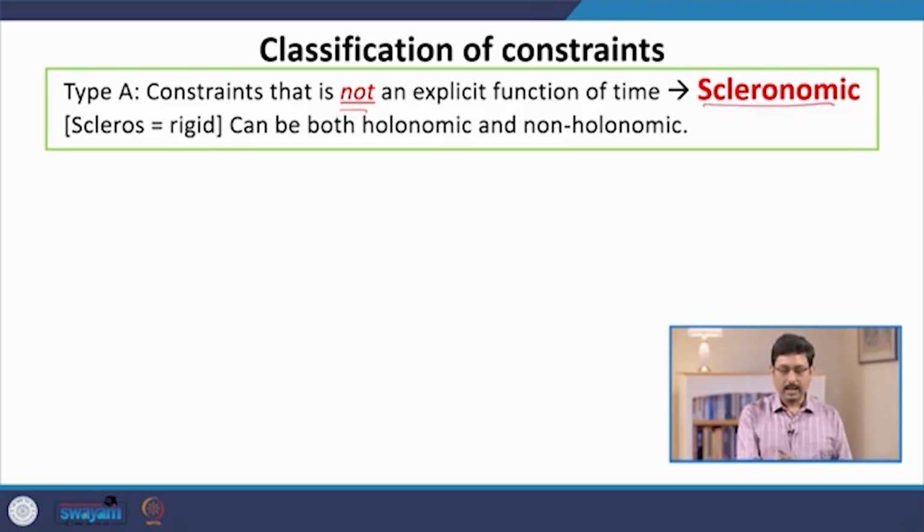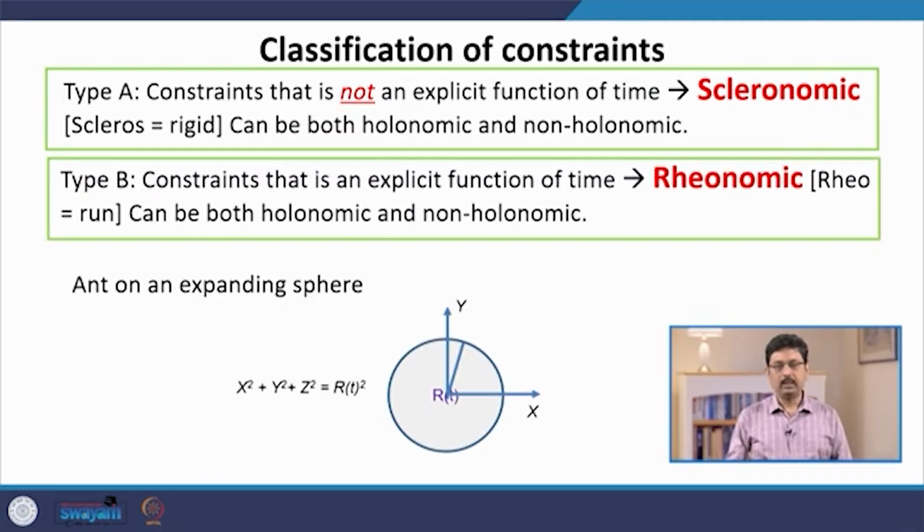This way of looking at the constraint is independent of holonomic versus non-holonomic, so such constraints can be both holonomic as well as non-holonomic. Similarly, the other possibility is a constraint that is an explicit function of time, and those are called rheonomic constraints. Again, they can be both holonomic as well as non-holonomic.